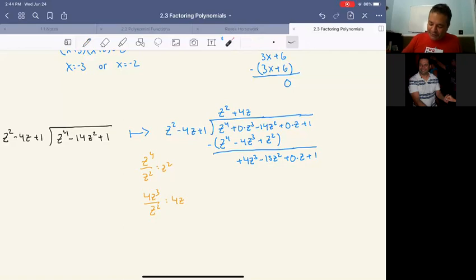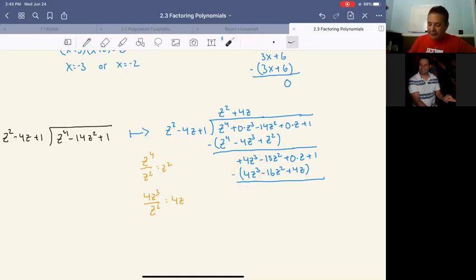Okay? So the 4z times z squared minus 4z plus 1 is going to be 4z cubed minus 16z squared plus 4z, and then you're going to subtract it. Again, the leading term is supposed to disappear.